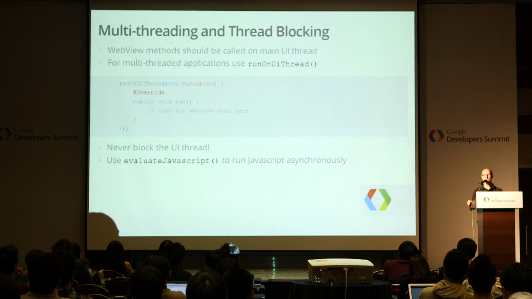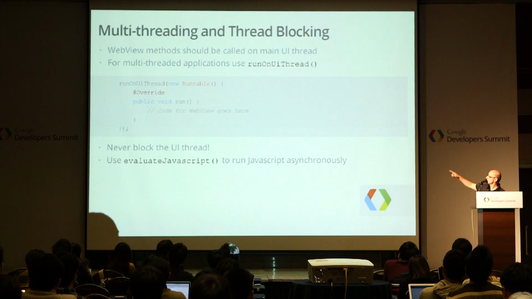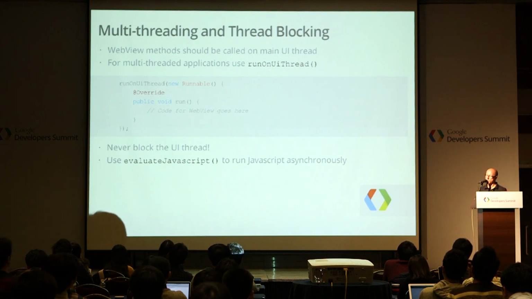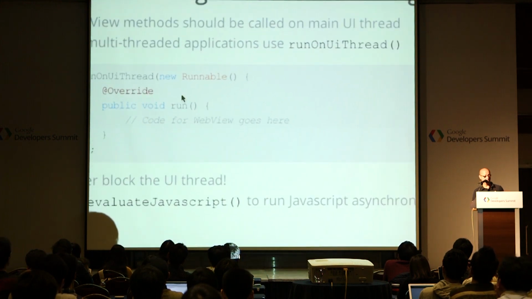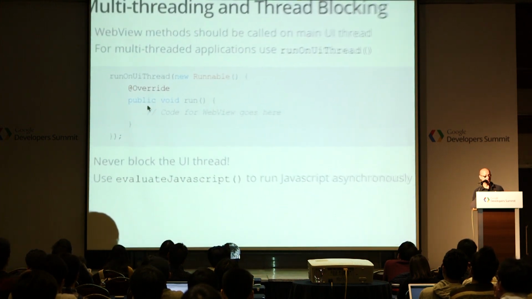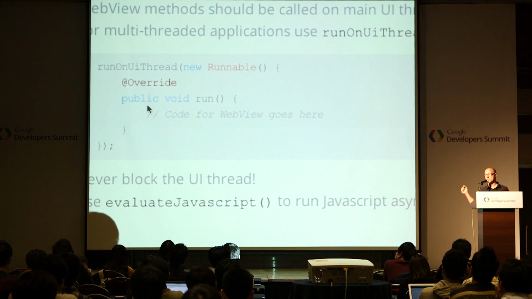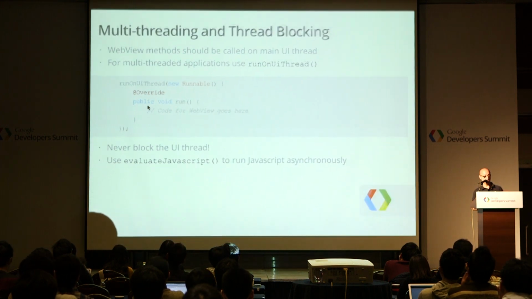But if you really do want to run things from side threads, you can still execute into that WebView by using this method, runOnUiThread. If you have a closer look at that one, this will actually just let you run code in the WebView. So from a background thread, I can put the application logic in that method and it will send it over, take care of synchronization and do all the magic for you, and it will work.